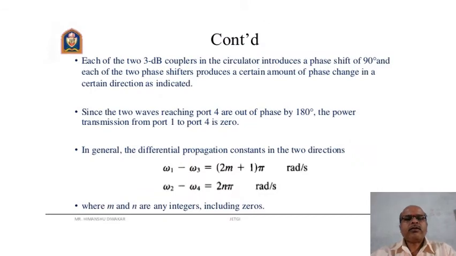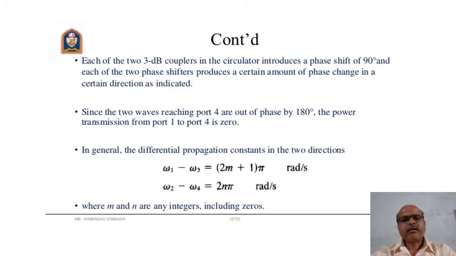Each of the two 3 dB couplers in the circulator introduces a phase shift of 90 degrees, and each of the two phase shifters produces a certain amount of phase change in a certain direction as indicated. Since the two waves reaching port 4 are out of phase by 180 degrees, the power transmission from port 1 to port 4 is 0.